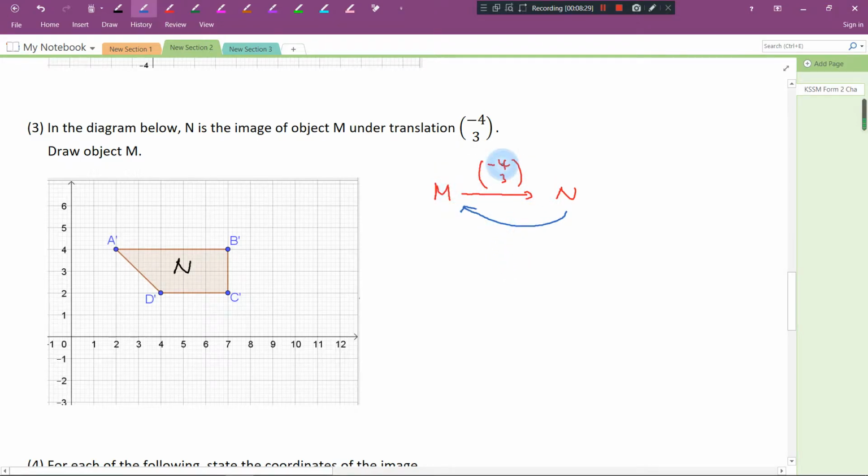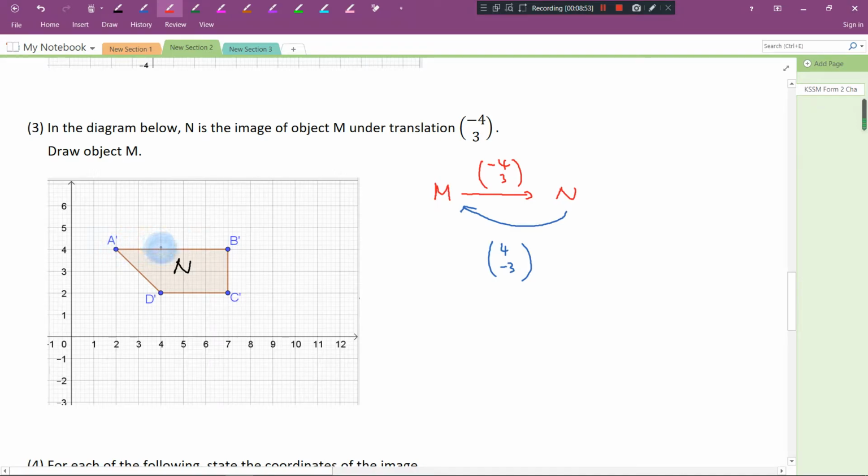If this way is negative 4, 3, go this way, it will be the opposite way, right? It will be 4, and positive 3 will become negative 3. Let's try to draw the object. It means that we have to move this image 4 steps to the right, and then 3 steps down.